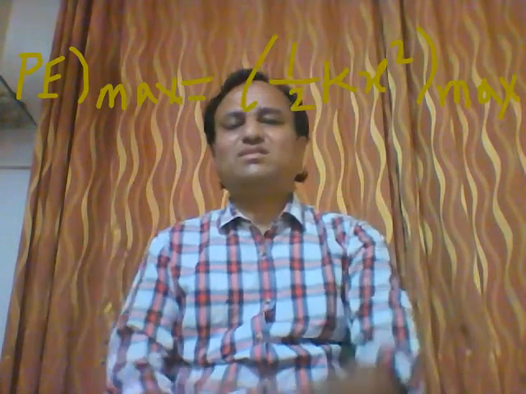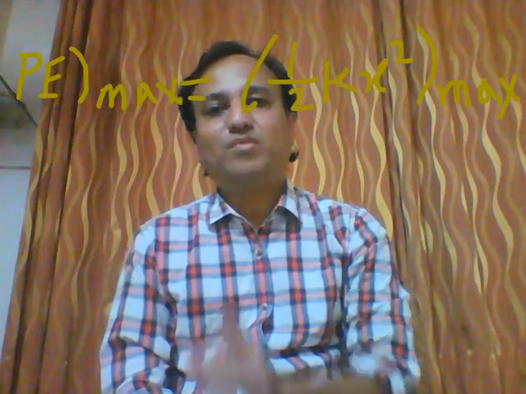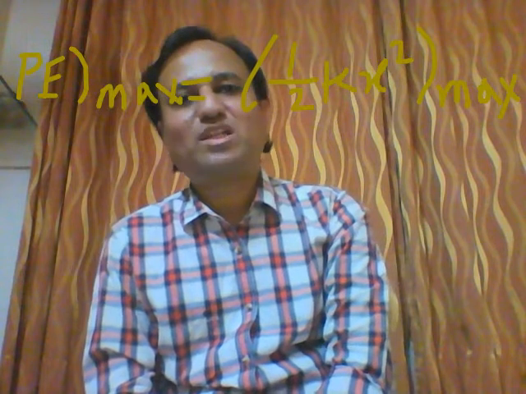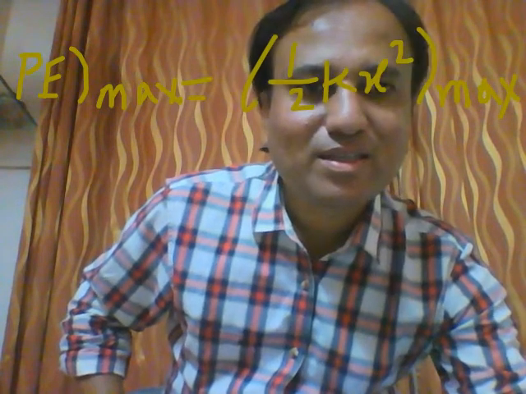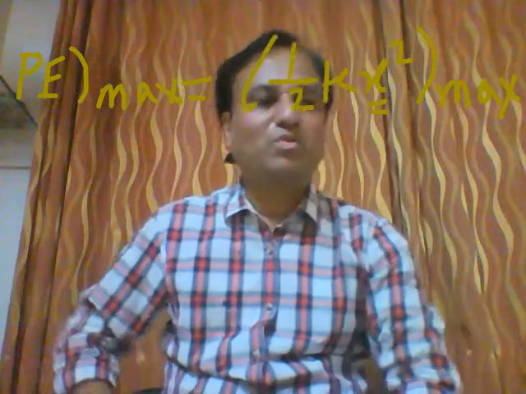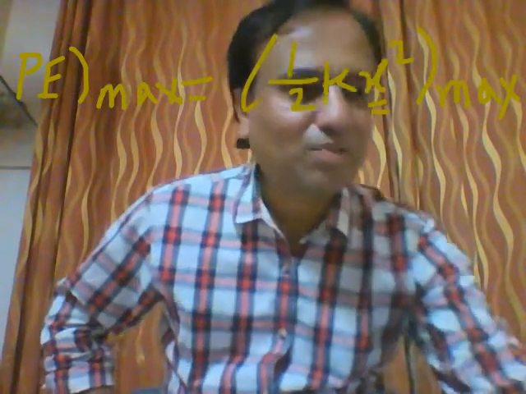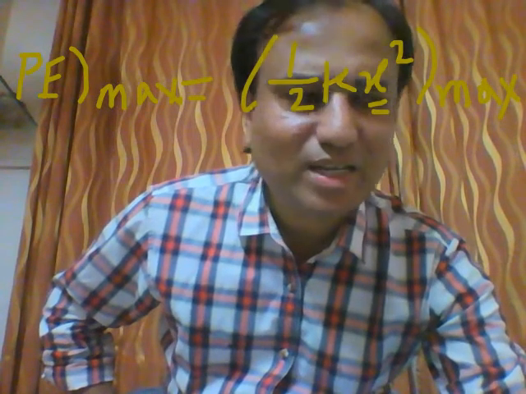Potential energy will be maximum when the displacement x is maximum. The displacement is x equals a sin omega t, right?